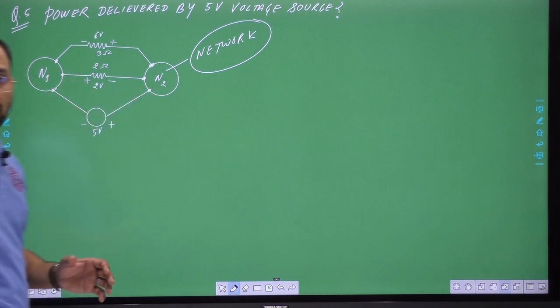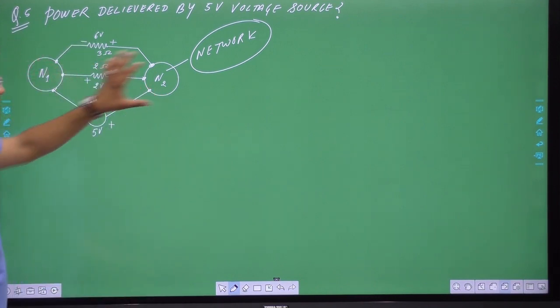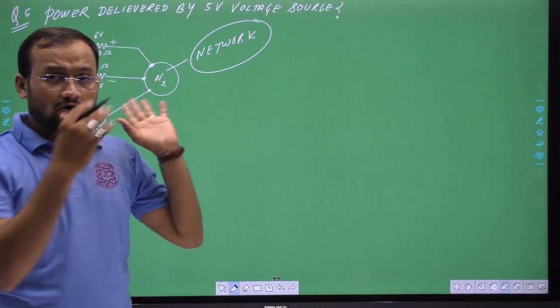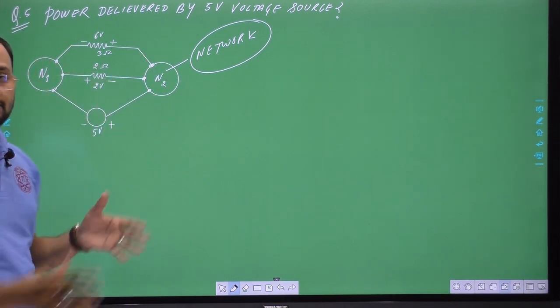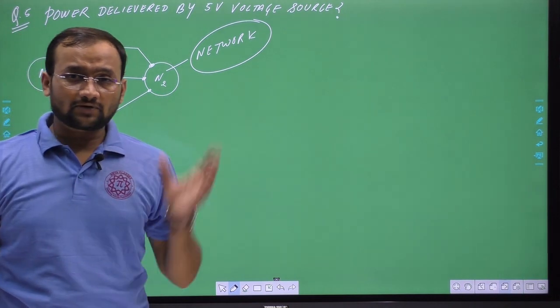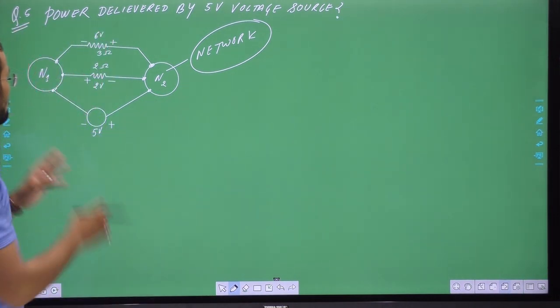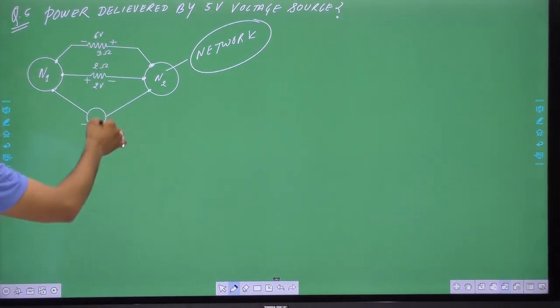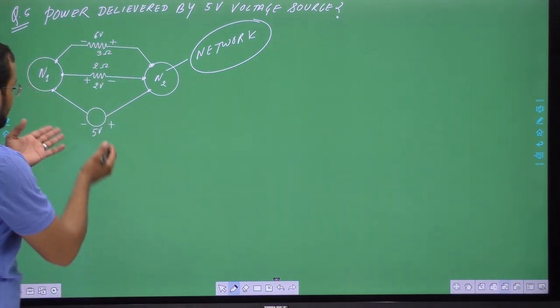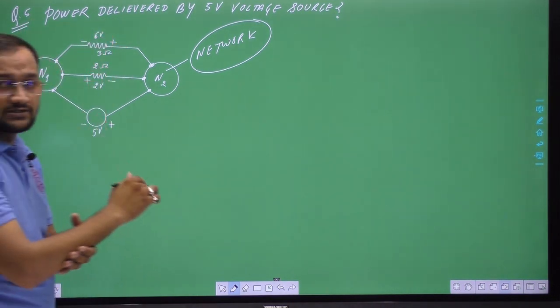These elements are not in parallel. This is network 1 and this is network 2. We don't know the inside circuitry of network 1 and network 2. So please don't think all 3 elements are parallel and take the value as plus minus 5 volt, with all the values the same.